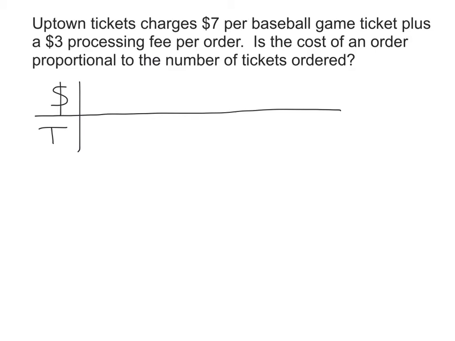I'm looking at the amount of money I'm spending and the number of tickets that I'm ordering. If I order one ticket, how much will it cost me? Well, it's going to be $7 for the ticket plus the $3 for the ordering. So it's going to cost me a total of $10. If I order 2 tickets, that's $7 for the first ticket, $7 for the second ticket, so that's $14, plus $3, so $17. If I order 3 tickets, how much will it cost me?